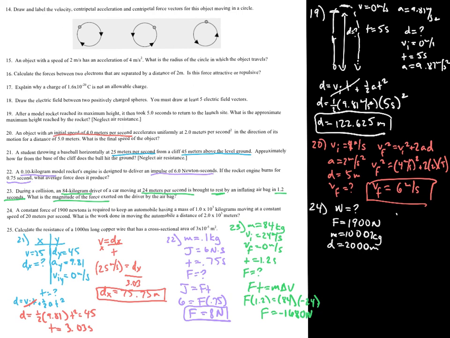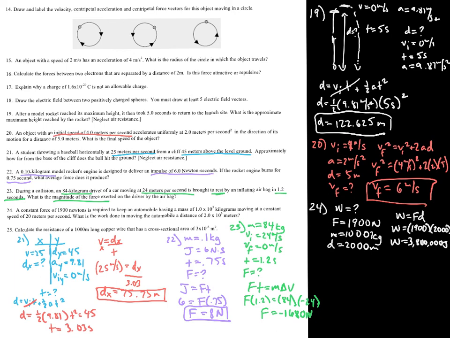Honestly, work is just force times distance. So 1900 times 2,000 is equal to, oh boy, that's a huge number, 3,800,000 joules. That's a lot of energy.